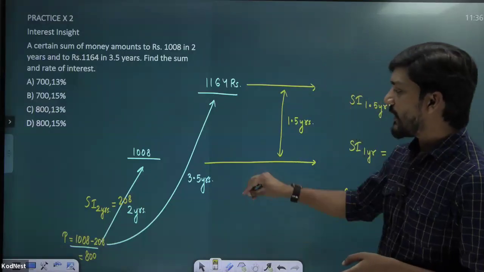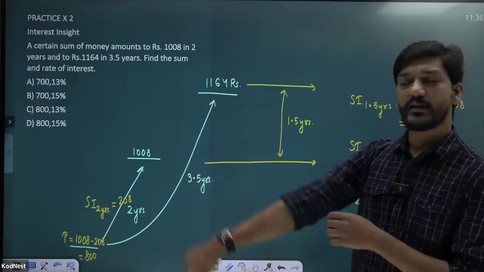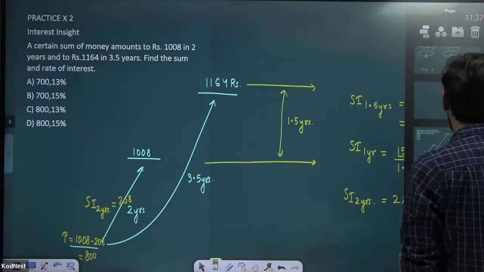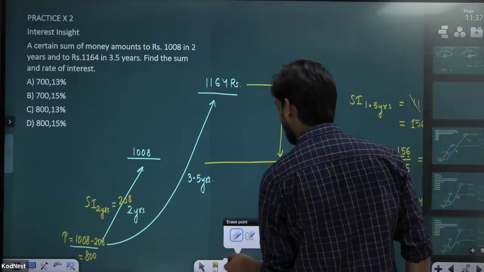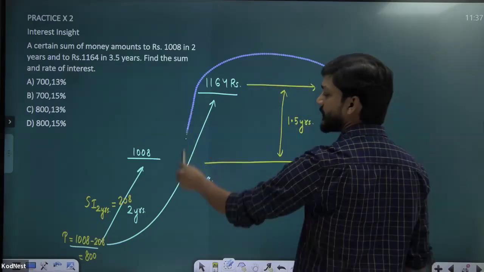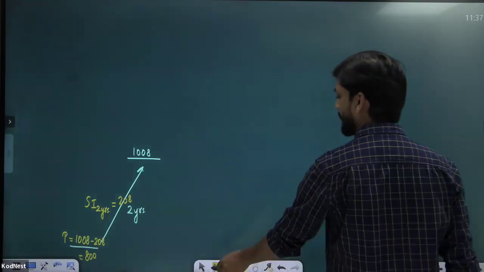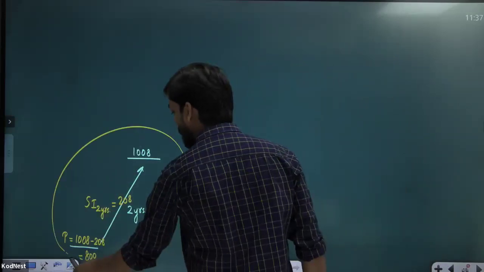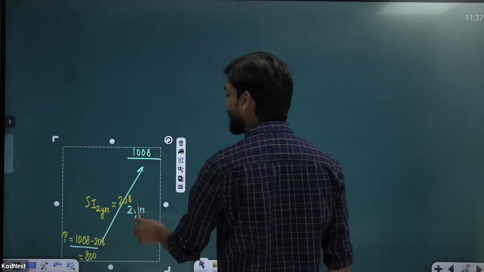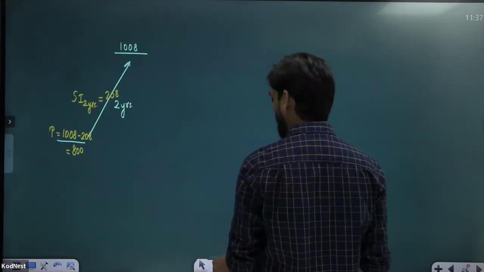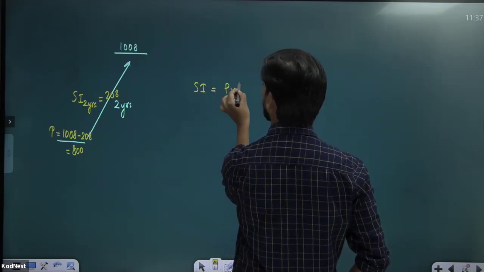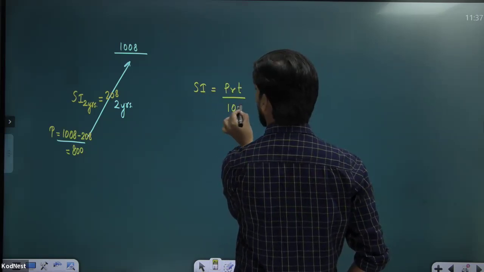Now, other than this, I have to calculate the rate of interest also. So for rate of interest, I will apply the formula. Let's remove all this. Okay, so this is what I know. From this, I will calculate the rate of interest. So simple interest equal to PRT divided by 100.